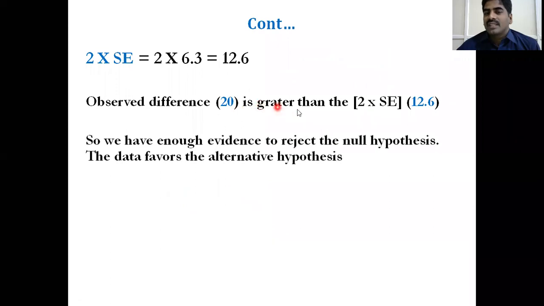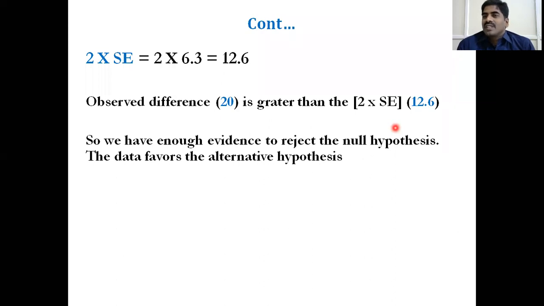And it is greater than 2 times the standard error, which is 12.6. So what is our conclusion? If the observed difference is greater than 2 times the standard error, then we have enough evidence to reject the null hypothesis. What is our null hypothesis?